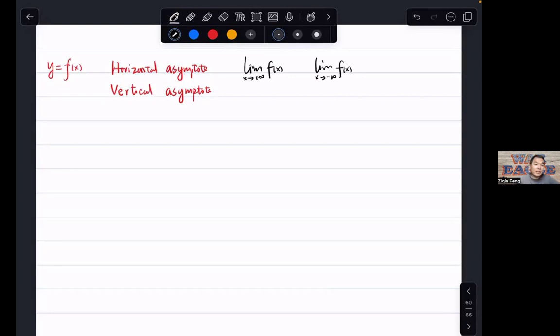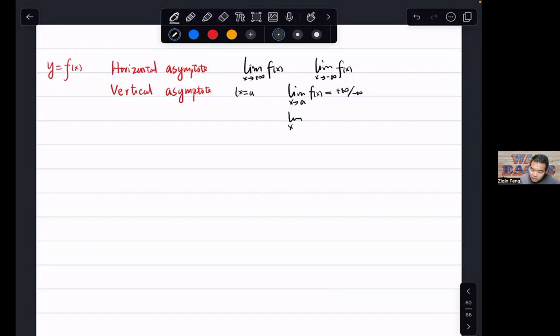Now, what's the definition of a vertical asymptote? It is a number x equal to a, such that as x goes to a, f of x is infinity or negative infinity, doesn't matter. It's getting closer and closer, right?